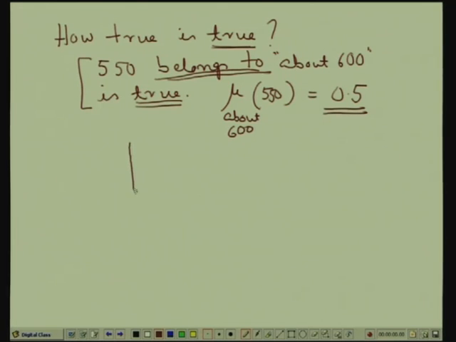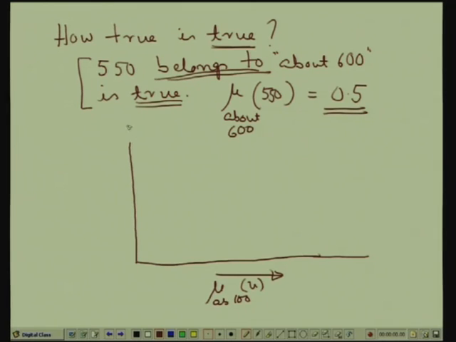Now, I can define truth also in fuzzy terms, where here I put in mu of about 600 and the different values of this thing. And here is the membership in a fuzzy set. I define true to be a fuzzy set, mu true of, say, V, right.